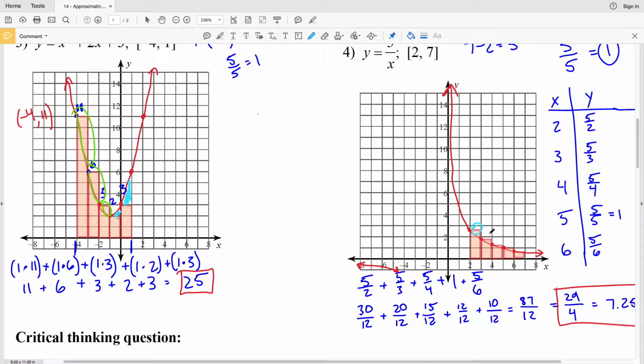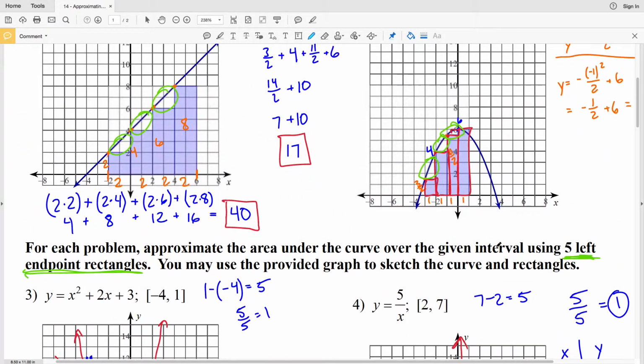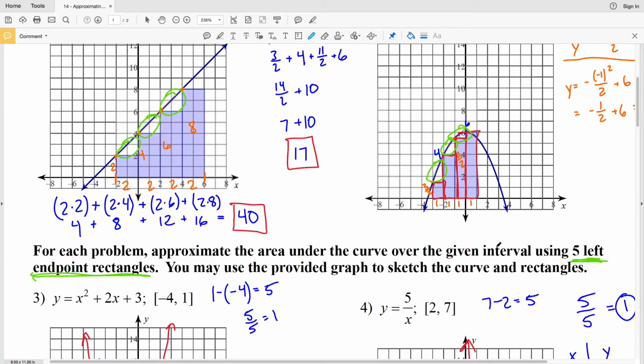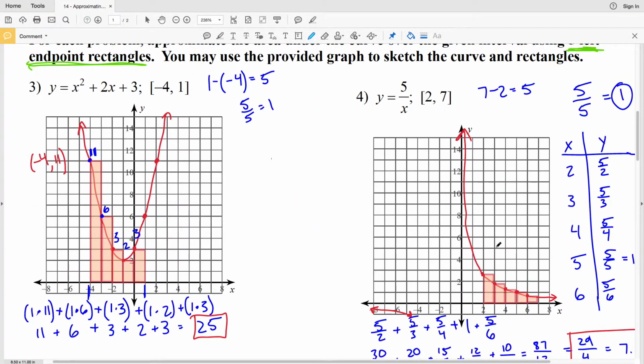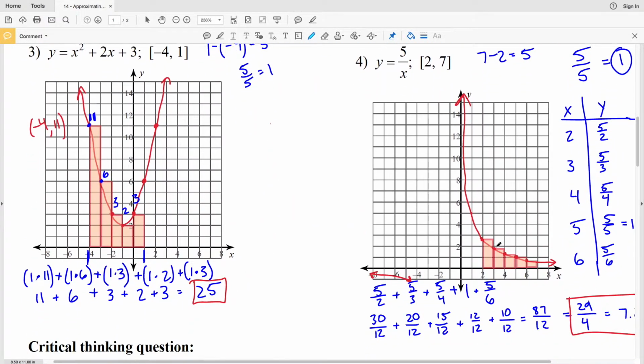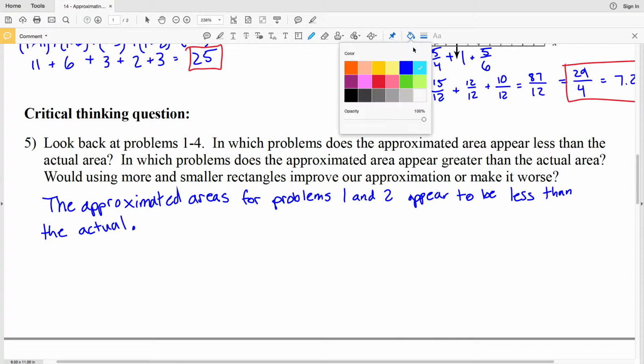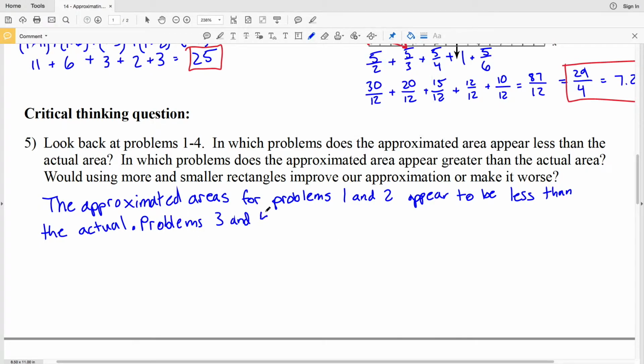And then in number 4, all of those rectangles extend above the curve, making the area seem or appear greater. So in 1 and 2, the area appeared less, and in 3 and 4, the area appeared greater.